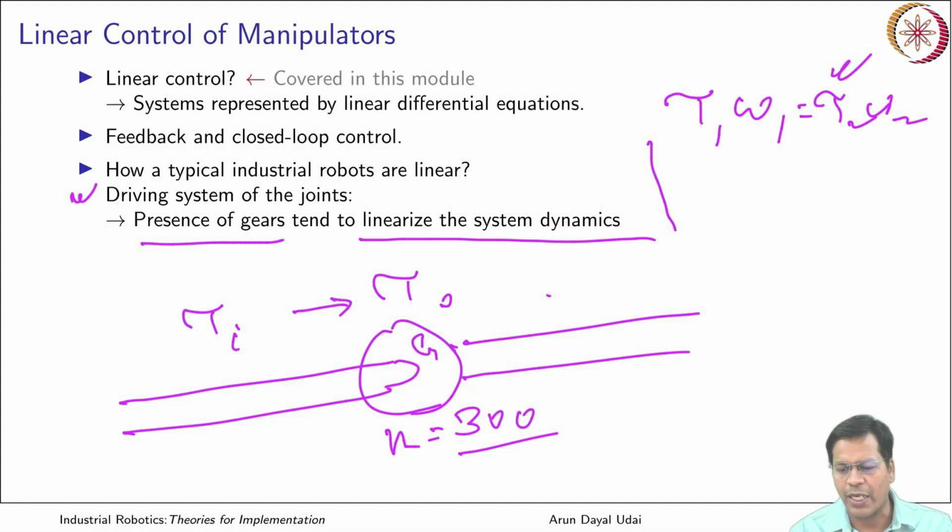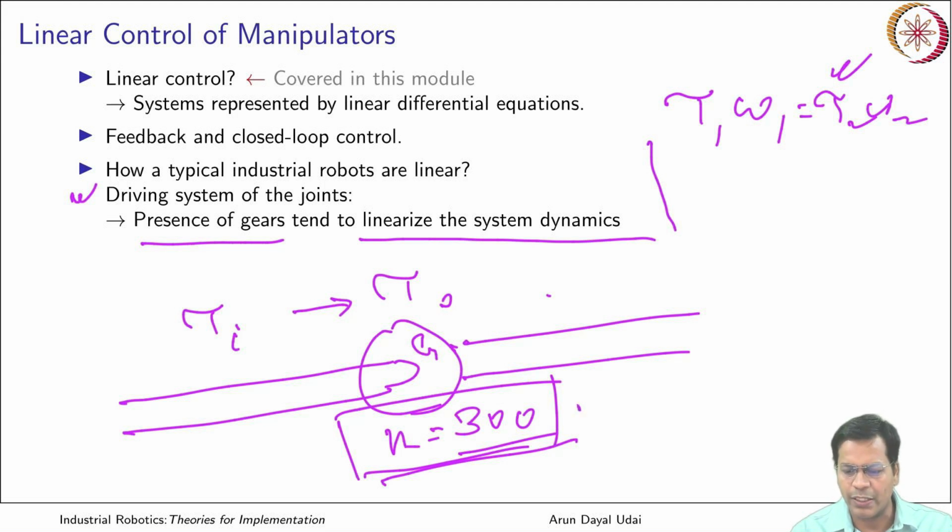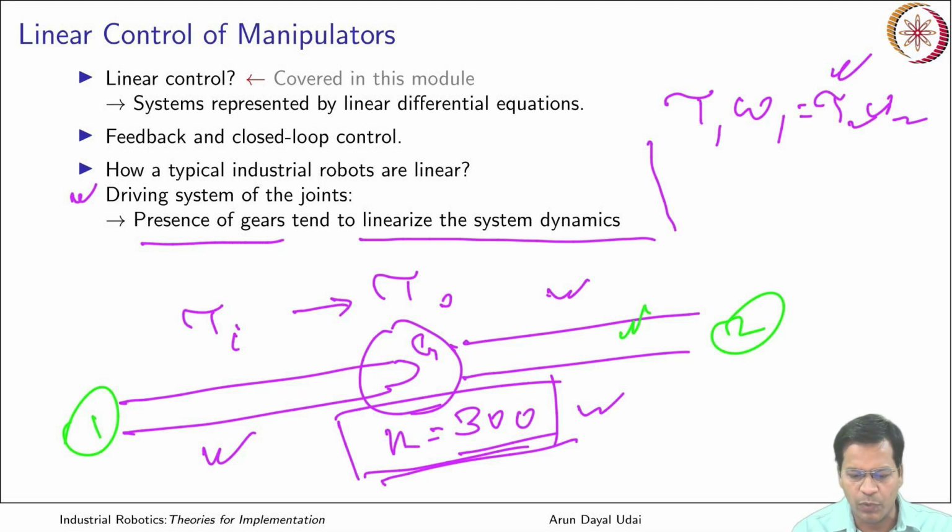So electrical and mechanical things, finally your system gets very much like a linear system if you have a huge gear reduction. Basically this isolates this link from this link. So handling the second link, which comes next to the first link, can be done without worrying about what is going to come over here.